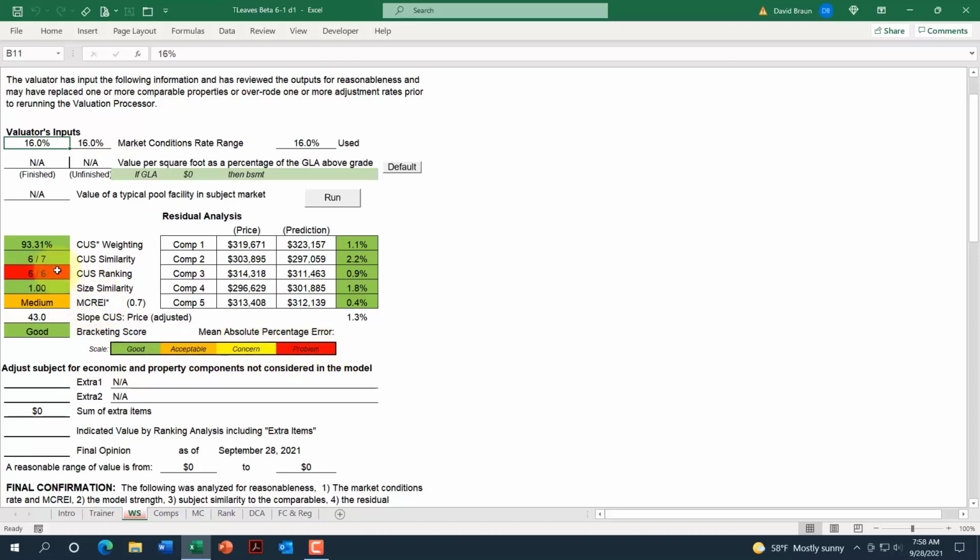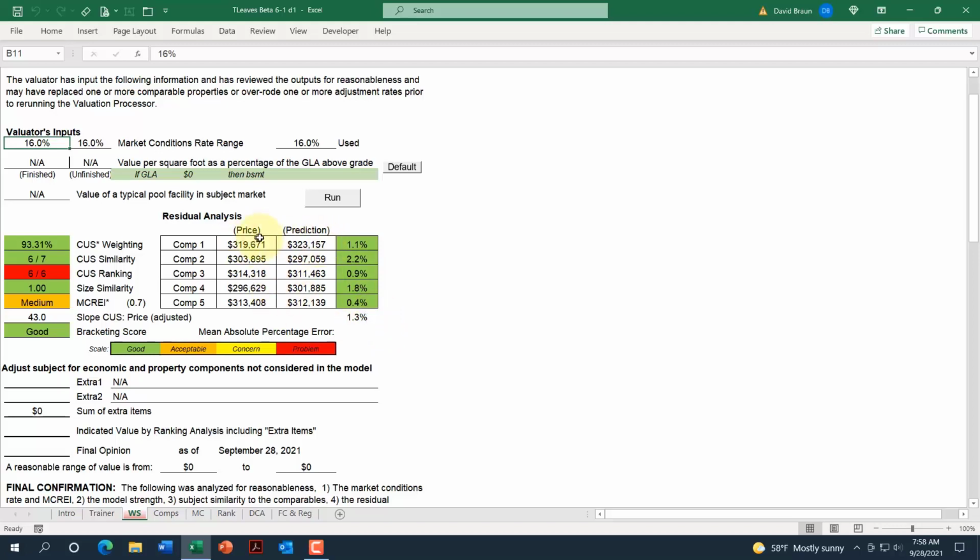Red can be a problem, so it's warning us that the subject's composite utility score is different. It's outside of the range of our comparables, and we'll see that in just a second in our chart. But look how well it predicted for the subject properties. It predicted very well for them.